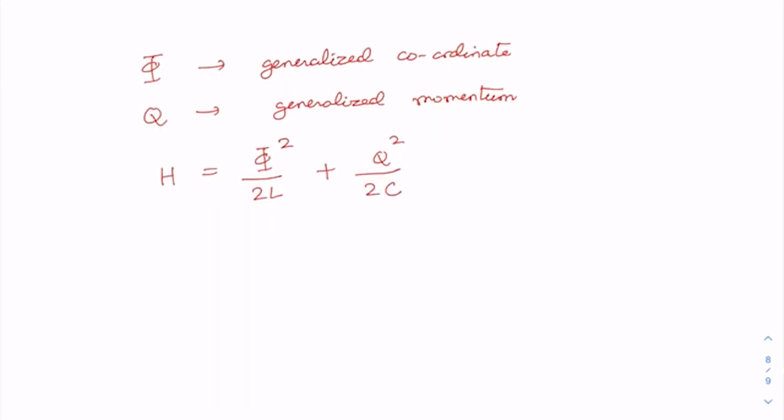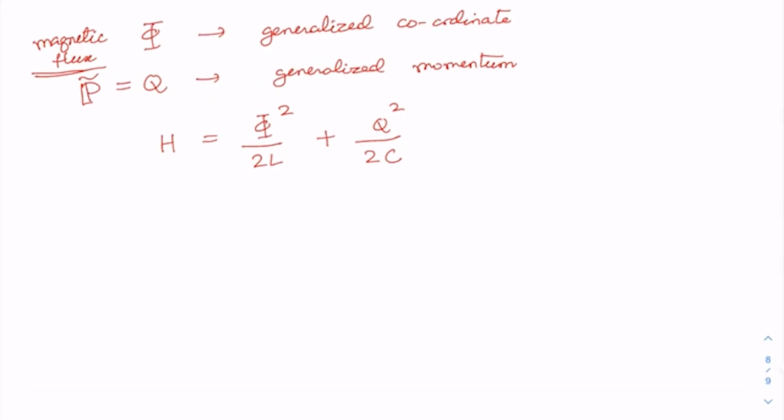Only difference here is that this time the magnetic flux phi is now our generalized coordinate, and charge is our new generalized momentum. In fact, let us check whether indeed this is the correct one. If I put it in Hamilton's canonical equation of motion, phi is my generalized coordinate, so phi dot is equal to del H del p tilde, for our new generalized momentum, which is nothing but the charge.